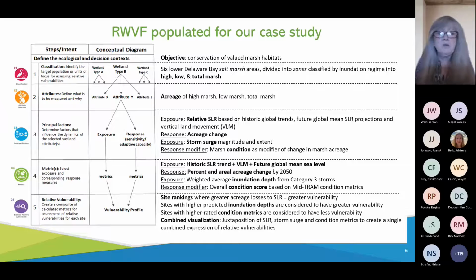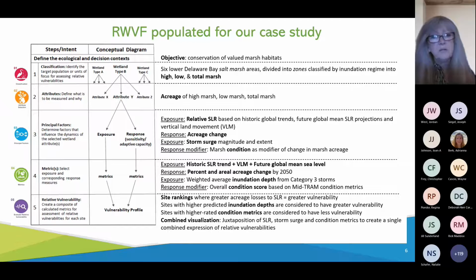And then as I mentioned, the factors we looked at already were the ones that we thought were most important, driving those acreage changes. And the metrics that we picked are listed here. We used the SLAMM model, Sea Level Affecting Marshes Model, to translate our projections, the scenario of sea level rise that we were looking at, which was a moderate one, into responses in marsh acreage.